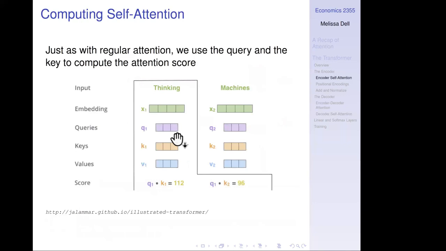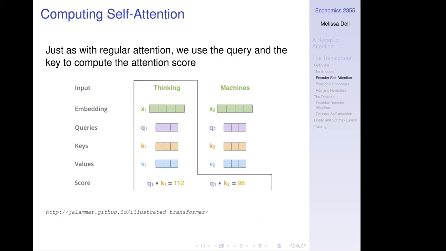Just as with the regular attention that we saw earlier, we use the query and the key to compute the attention scores. For the word thinking, its query vector is Q1. To get how much thinking should pay attention to itself in being embedded, we take the dot product between Q1 and K1.